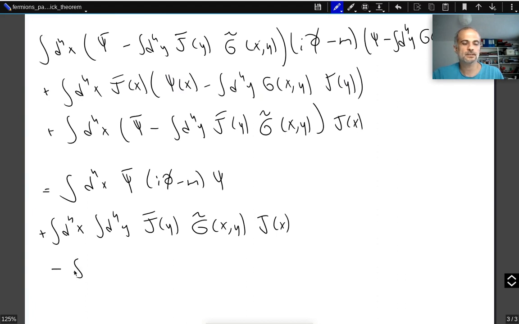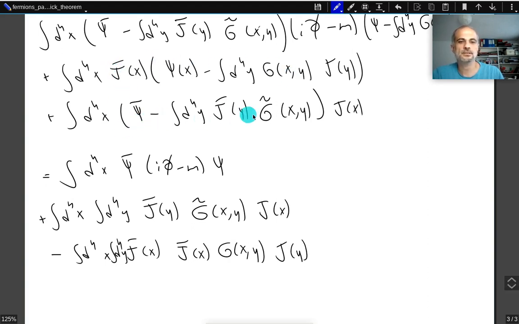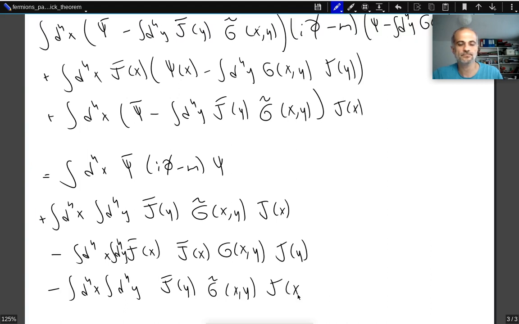So I get minus ∫d⁴x j̄(x), ∫d⁴y, there is the d⁴x here, d⁴y over here, j̄(x) g(x,y) j(y). Let's continue further. There is this term over here, minus, again there's a d⁴x integral, d⁴y integral, j̄(y) g̃(x,y) j(x).